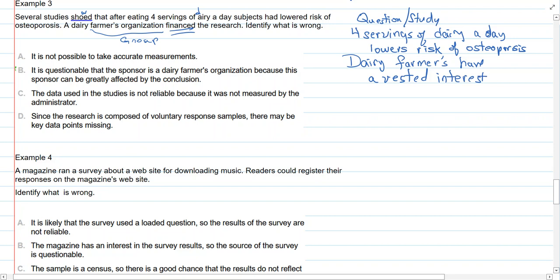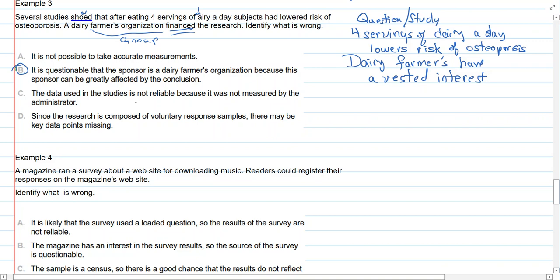So let's see what we have. It is not possible to take accurate measurements. That makes no sense because there is nothing wrong with the 4 servings. It is questionable that the sponsor is a dairy farmers organization because this sponsor can be greatly affected by the conclusion. And that nails it.